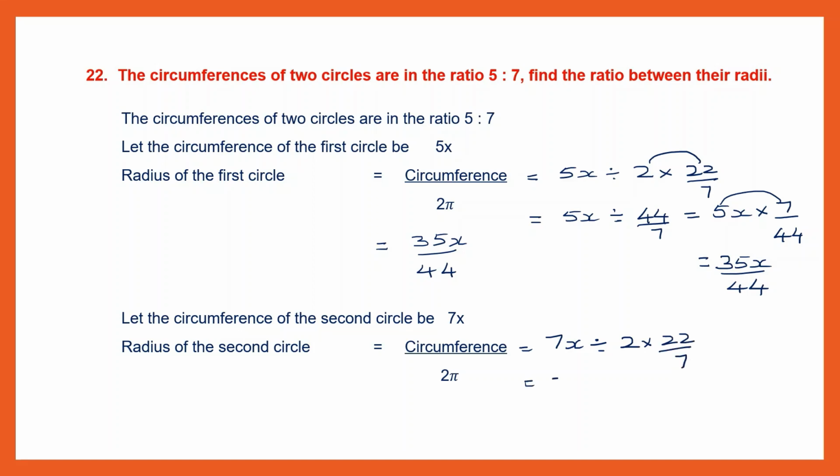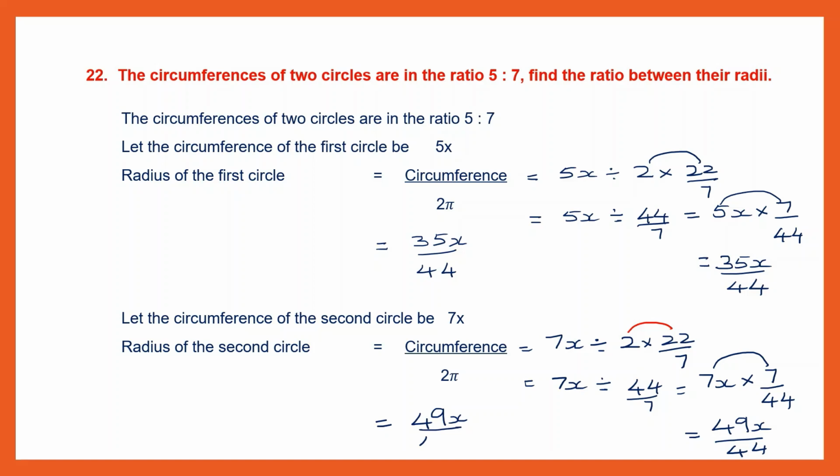That will be 7x divided by 2 into 22 is 44, so that is 44 by 7. This is 7x into 7 by 44. So what do we get here? 7 into 7, 7 sevens are 49x by 44. So we have found the radius of the second circle to be 49x by 44.